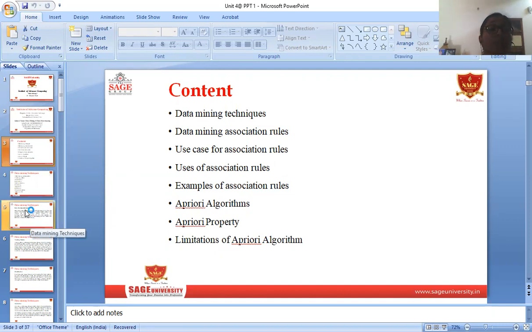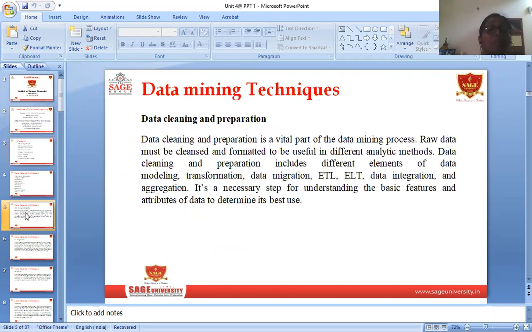First, we discuss data cleaning and preparation. The data cleaning and preparation is a vital part of the data mining process. Raw data must be cleaned and formatted to be useful in the different analytic methods.